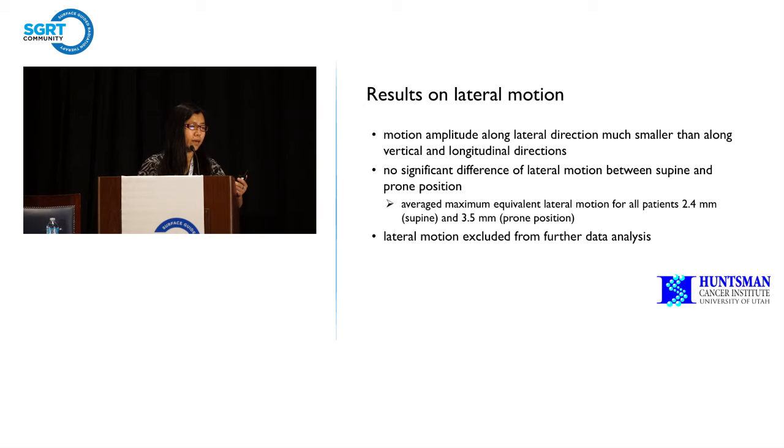The average maximum equivalent lateral motion for all 10 patients is 2.4 millimeters in supine position and 3.5 millimeters in prone position. So it's pretty small, and within these 2 numbers, there's no significant difference between supine and prone. So in the later data analysis, I exclude the lateral direction.